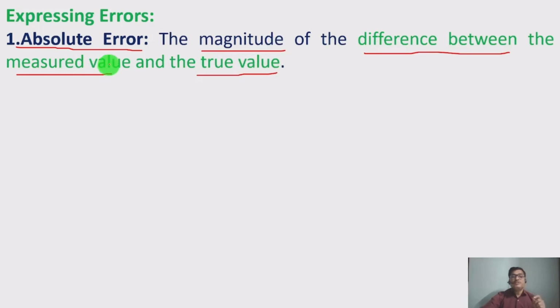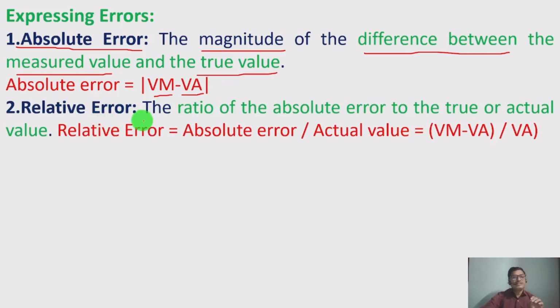The measured value is what we get from the instrument, and the true value is the actual value of the object. The difference between these two is the absolute error. This is given as absolute error equal to the modulus of value measured minus value actual. Therefore, we always get a positive result.